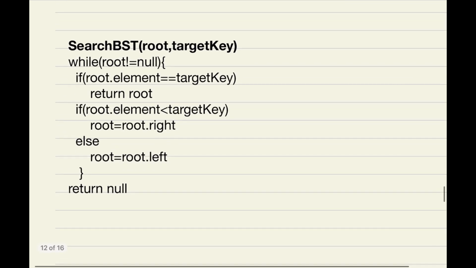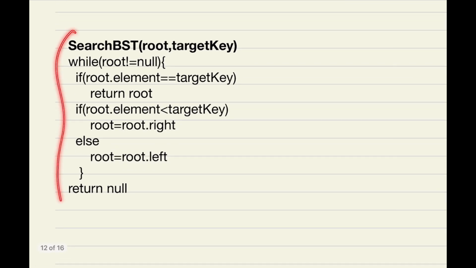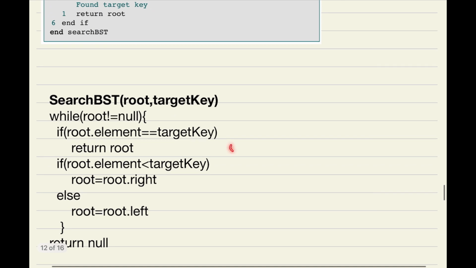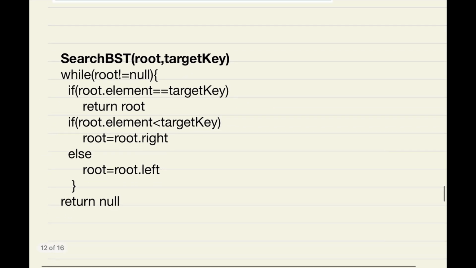Now consider this one. Here, following a loop, we are searching for an element in the binary search tree. It is the same thing, but here it is recursion and here it is iteration. So while root not equal to null, and here also two parameters are given, one is root and another is target key.